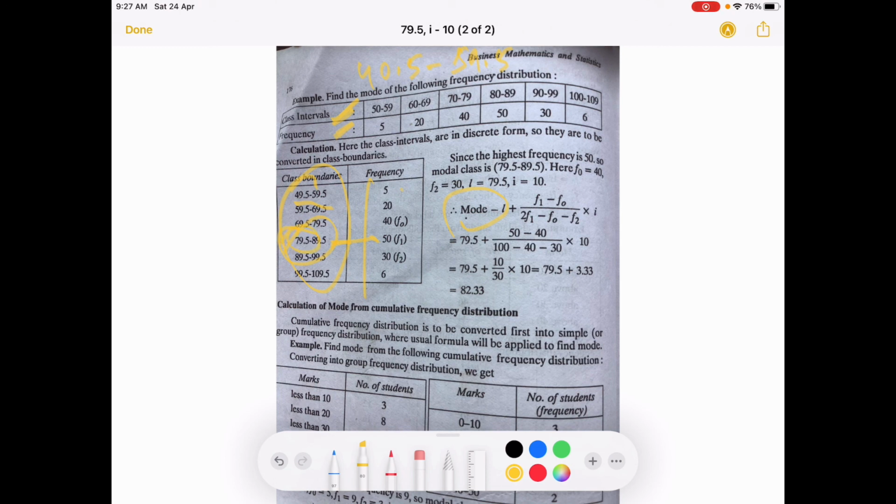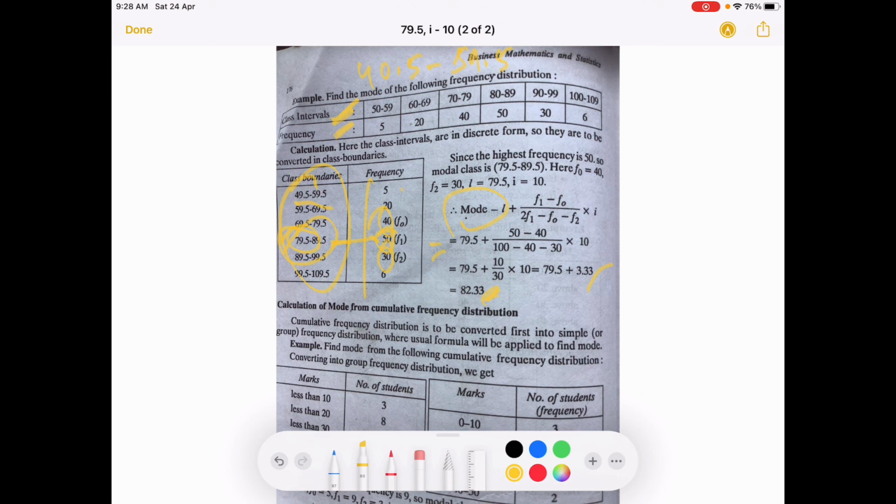F1 is this frequency, F0 is this, F2 is this. Now if you put all the figures like this, into i is 10, you can easily find the mode. So the mode is this. This is how you have to find the mode. Hope you understood this. If you don't understand, please tell me.